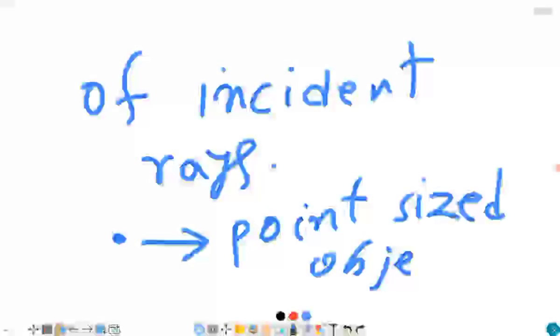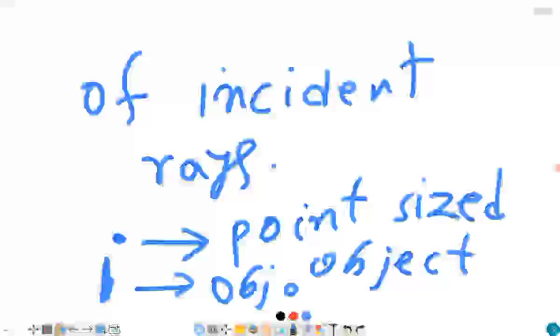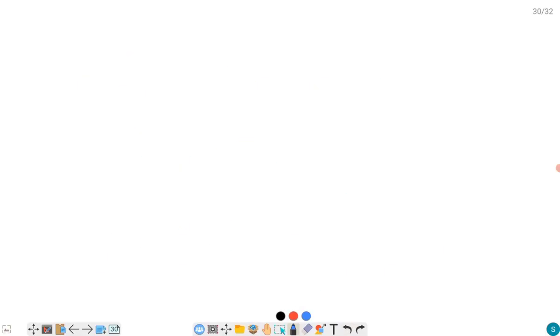Otherwise we just take one single dimension like height, placed vertically, how we stand in front of the mirror. So this also we consider as an object. Now let us see, by taking a point object, how we get the image in the plane mirror.